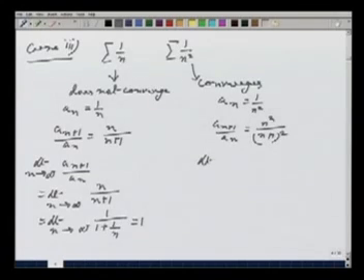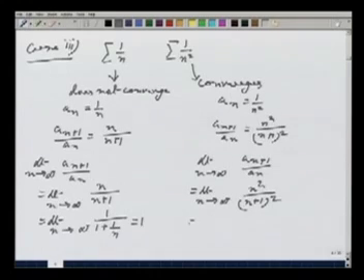And here too, so we see that in both the cases the required limit of an plus 1 by an turns out to be 1.